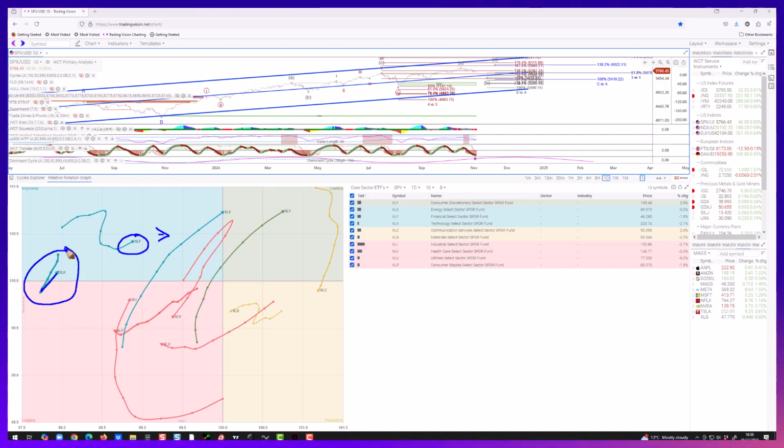XLK is struggling all the way over here, and I'm trying to find XLY on here. I can't see XLY on this chart, I'm sorry. Sorry, XLY, we did it earlier, is in the leading quadrant. So it's slightly improved on the weekly, but again, not what you'd expect to see in a healthy continuation to the upside on a straightforward basis in the US indices.